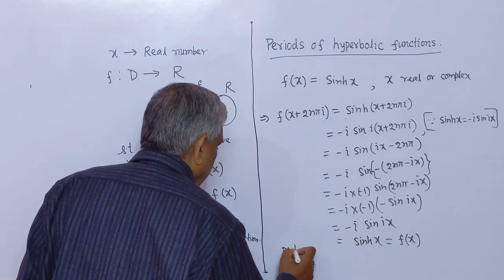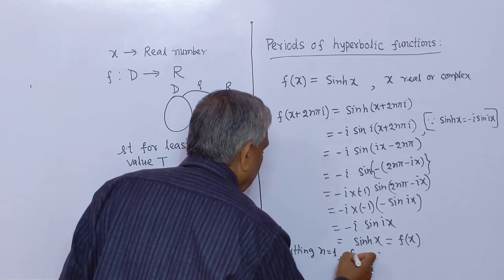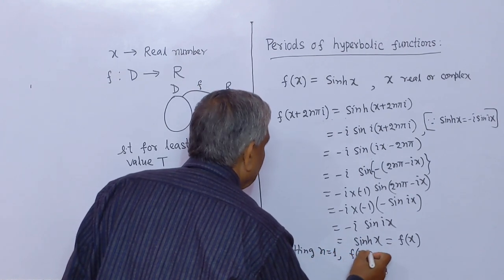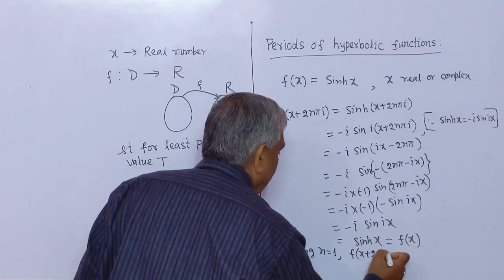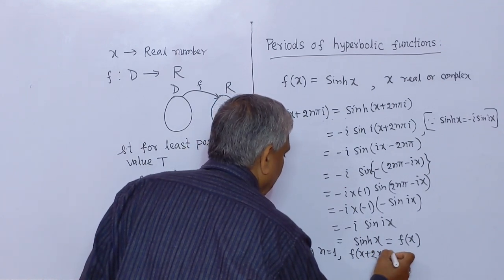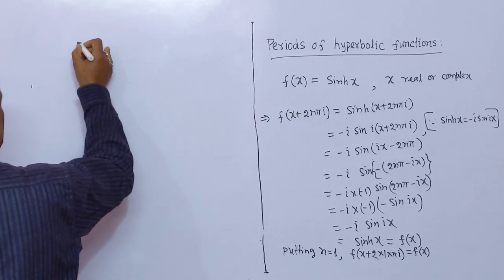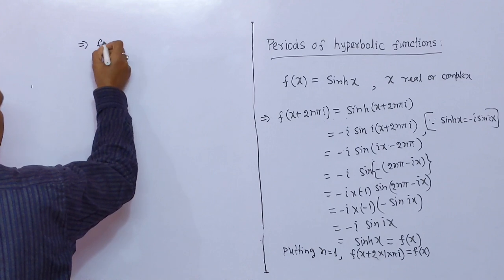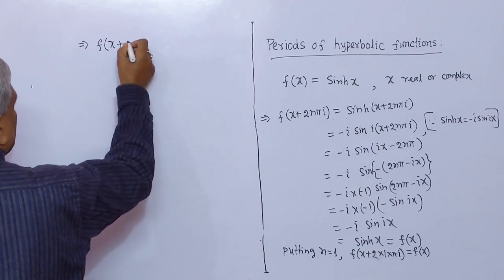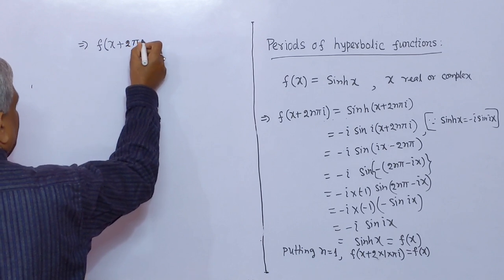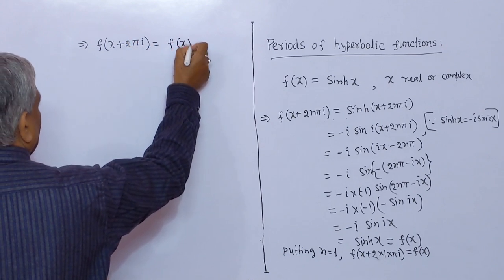Putting n equal to 1, f(x plus 2 pi i) equals f(x), in place of n we write 1. This implies that f(x plus 2 pi i) equals f(x).